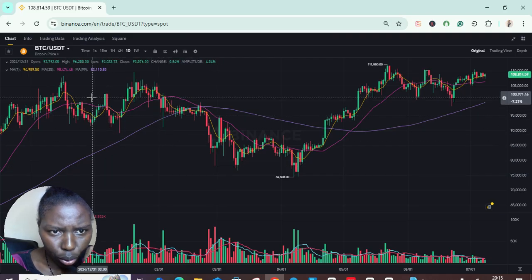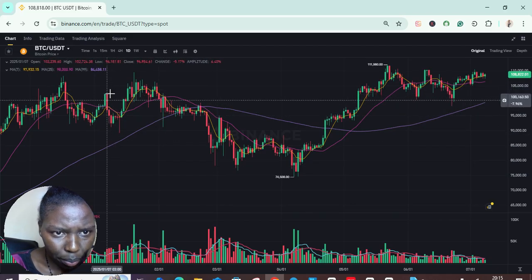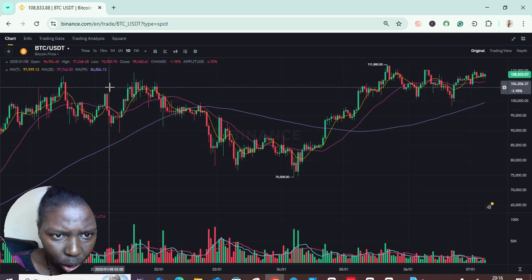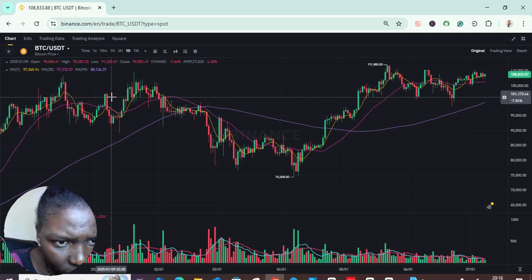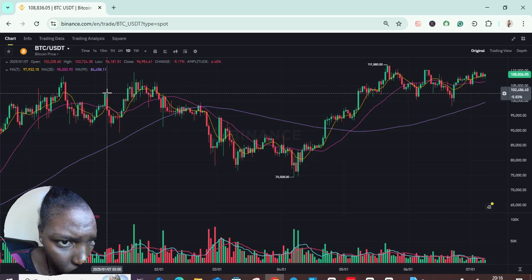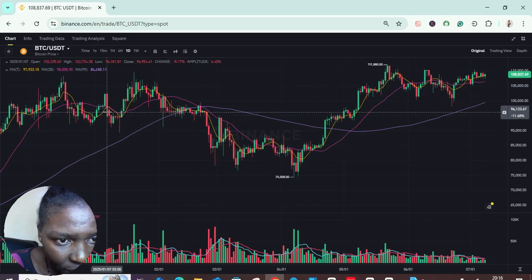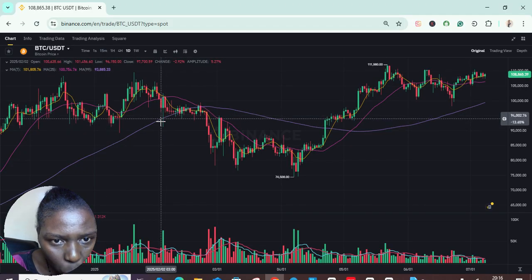So for example, let's focus on this big red one here. You can see that Bitcoin basically went up to this level, and the lowest it dropped on that day is as low as here. Okay, so these are the wicks.